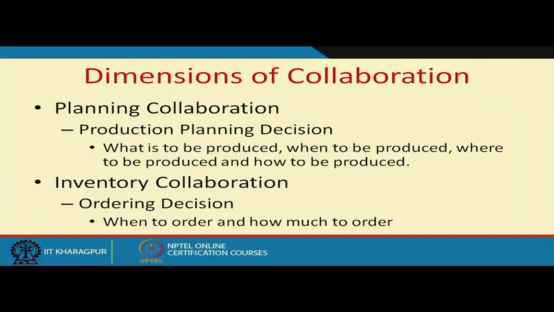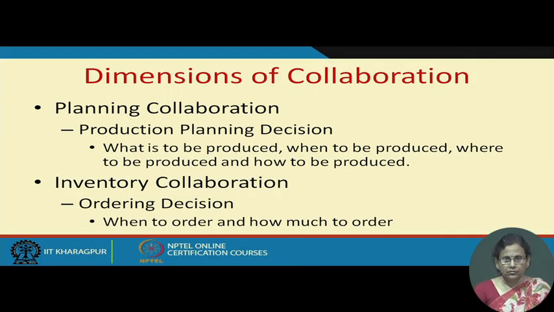So, let us try to see the strategic level activity. The strategic part of integration is about collaborating between two business partners. Now, this collaboration can happen in two dimensions. First, in the planning level, and second, in the inventory level. Now, what is planning collaboration?